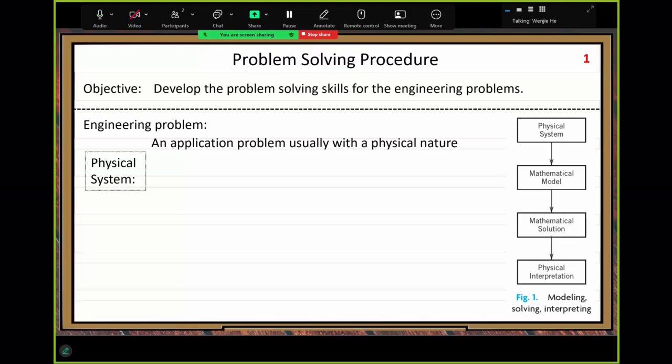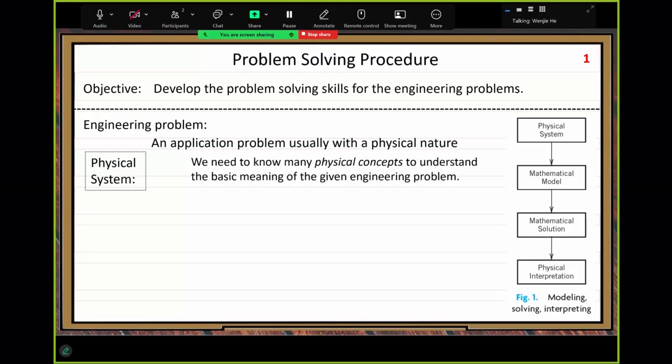We need to know many physical concepts. You need to recall them from your middle school and high school, a lot of concepts. You need to use the knowledge from there. But from my side, I will explain those basic concepts.